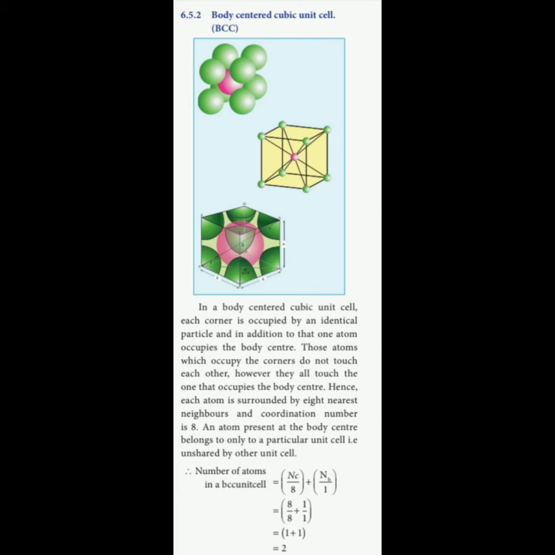Here, in simple cubic, the coordination number is 6. Body-centered, the coordination number is 8. An atom present at the body center belongs to only that particular unit cell. Now we are going to calculate the number of atoms in the BCC unit cell, that means corners plus body center. We know each corner atom is shared by 8 neighboring unit cells.